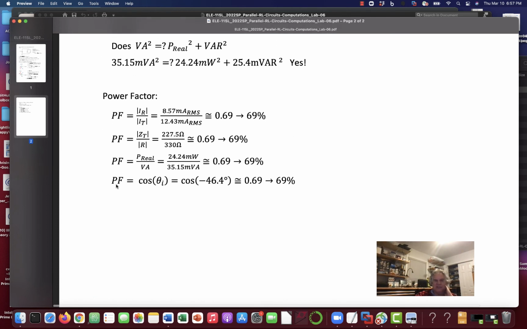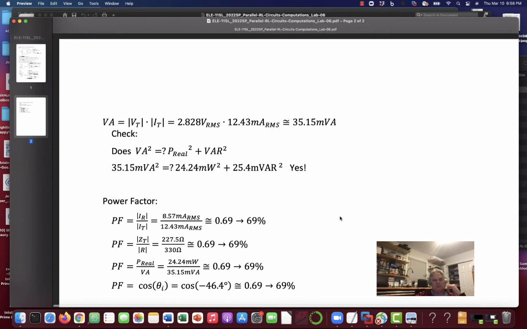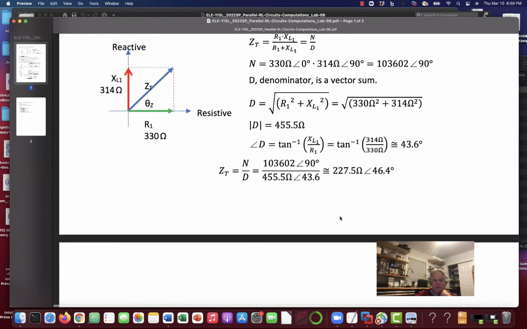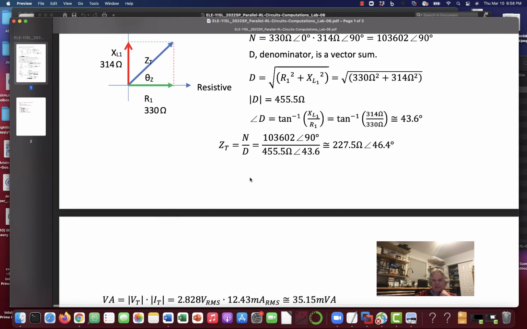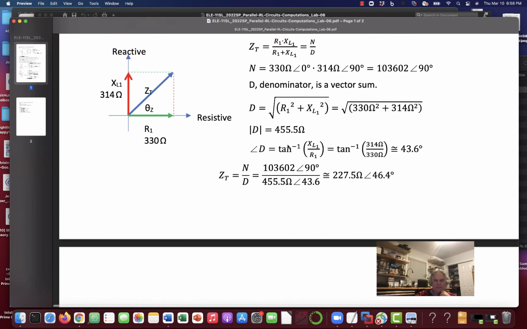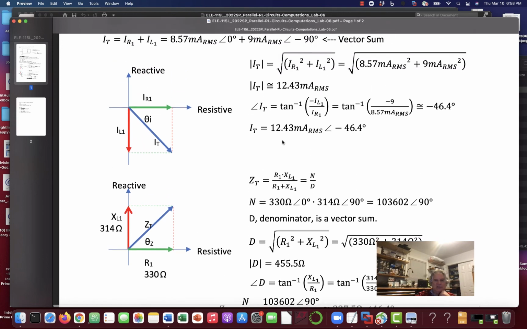And the last is to take the cosine of the angle of the current, and the cosine of minus 46.4 degrees is, once again, 0.69, multiplied by 100, 69%. So it all worked out very nicely there. Before I post this, I may put in the other computation for ZT, the total impedance. This is the hard way. I'll put the easy way in there as well.